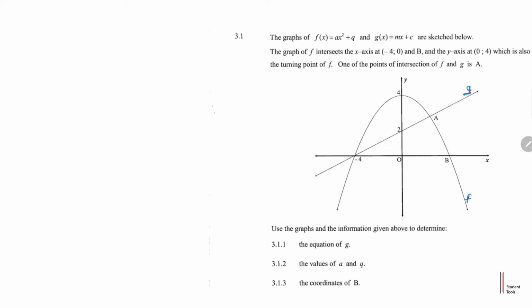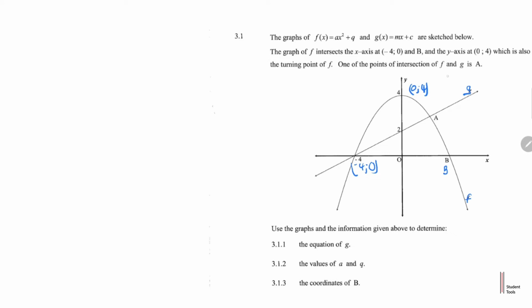So we are told that the graph f intersects the x-axis at (-4, 0). So here, that's the x-intercept, and b, we're not told the value of b. Also the y-intercept is at (0, 4), which is also the turning point of the graph f.